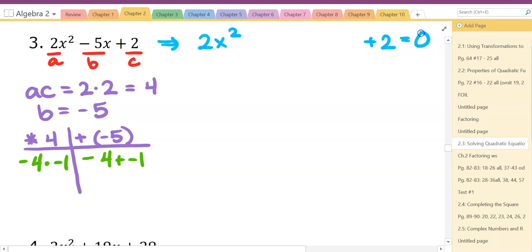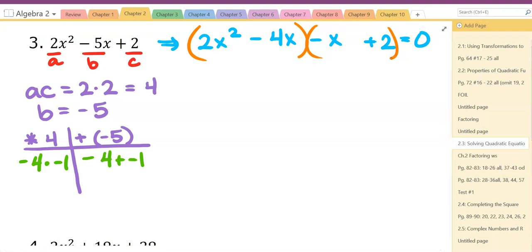We're going to set this equal to 0 because we're trying to solve it. We're going to rewrite the middle term now. So it says minus 4x and then minus 1x, or you can just say minus x. You don't have to put the 1 in front. Then we group the first 2 terms and the second 2 terms, pulling that negative in with the x.